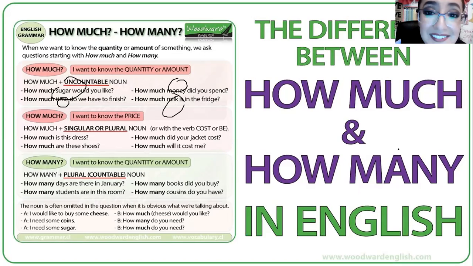But also we are going to be making use of much if we want to know the price of something. If we want to know the price of something, yes. For example, how much, it could be singular or plural, depending. How much, sorry, how much is this dress? ¿Cuánto cuesta este vestido?